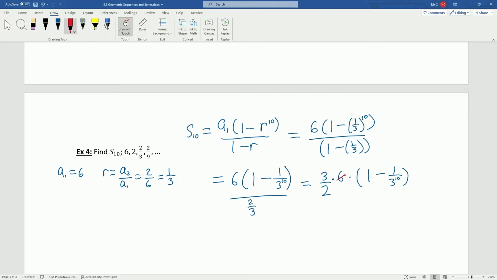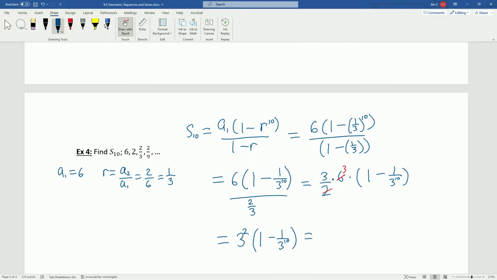And notice that 6 over 2 is just 3. So now I could say 3 times 3 is 9, but I'm going to write it as 3 squared. Again, as you'll see in the next step, that's going to help me simplify things first.